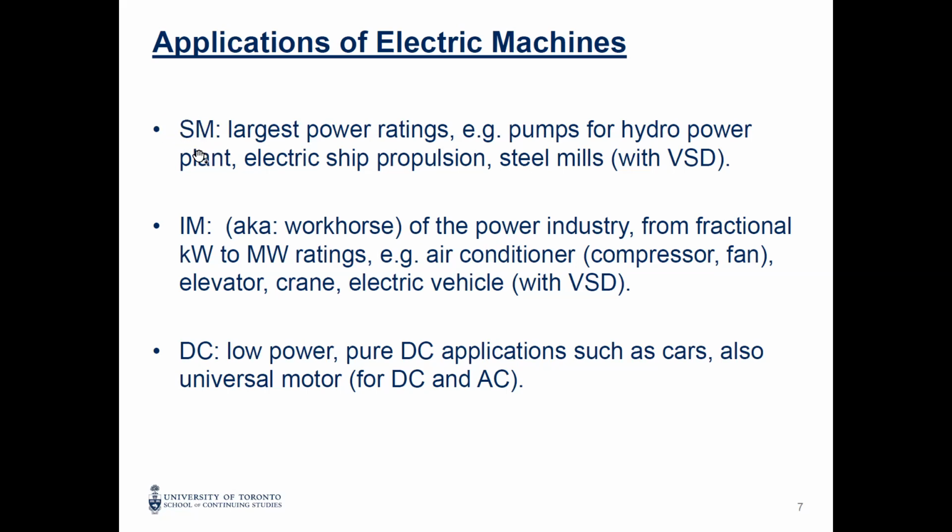The synchronous machine is characterized by very large power ratings, by which I mean maybe hundreds of megawatts. Definitely you can find a synchronous machine of maybe 1 megawatt or even less. But one important characteristic is that they can have extremely large values.